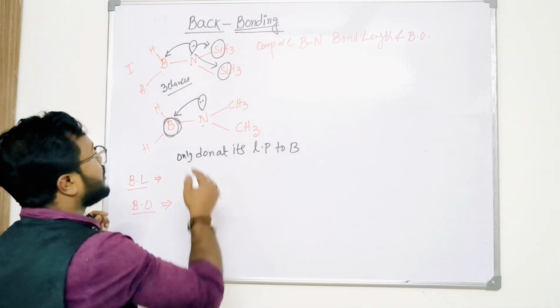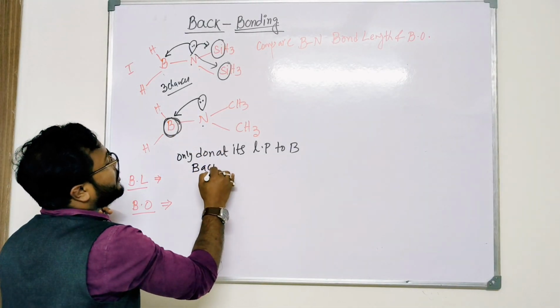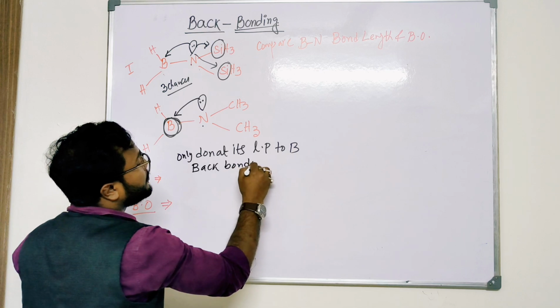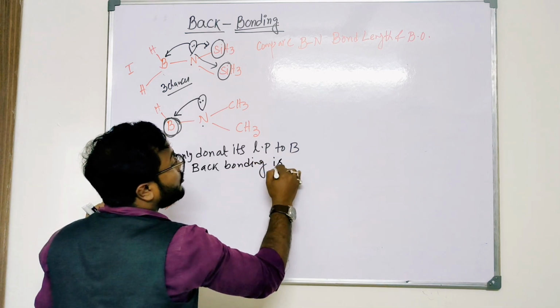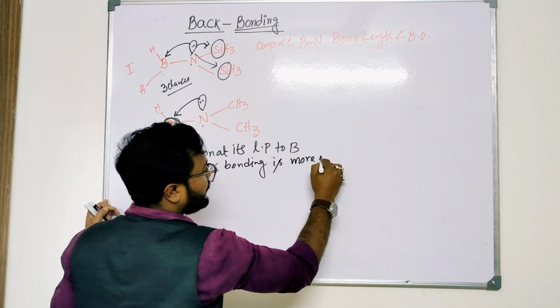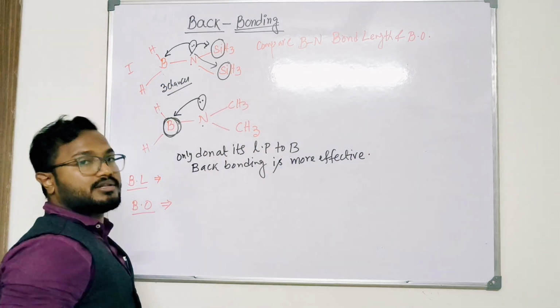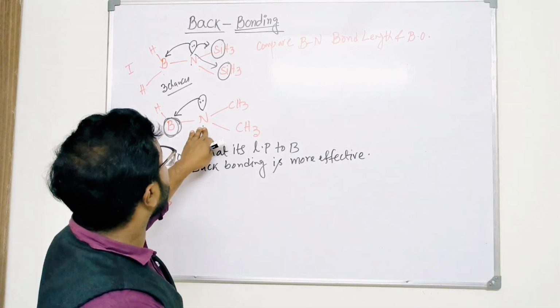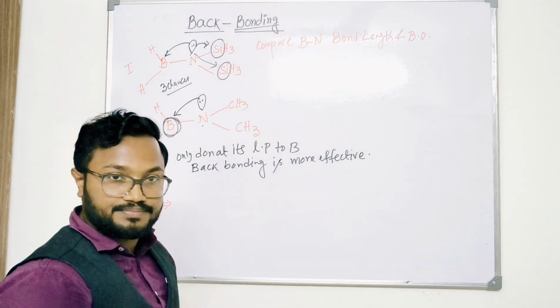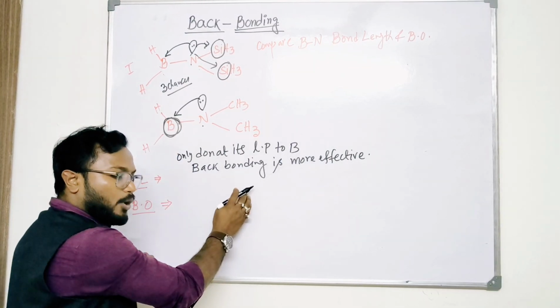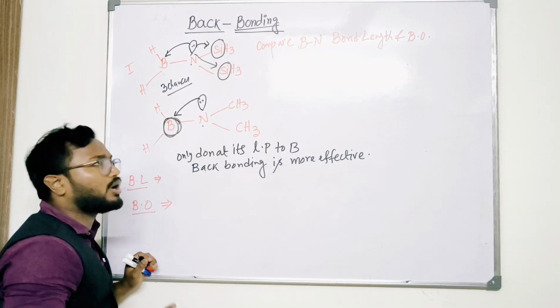Here back bonding is more effective, as it has only one chance to make back bonding with B. If back bonding is more effective, what can we comment?